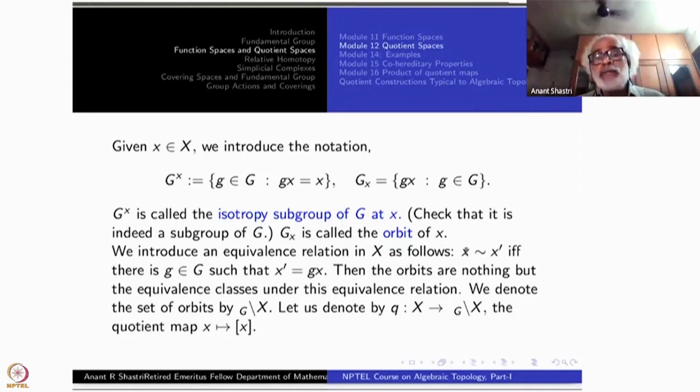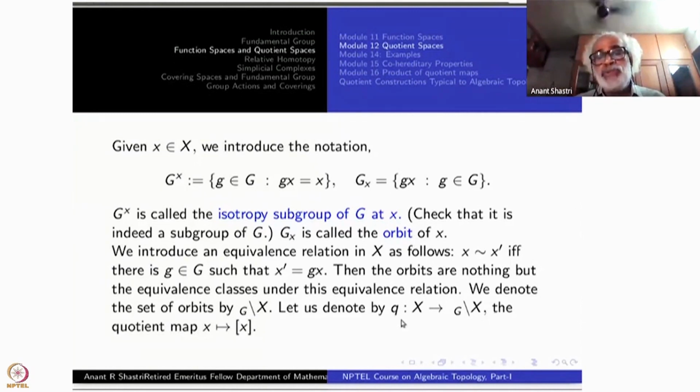When you have an equivalence relation, that just means that two elements are in the same class, same orbit. If you look at all the orbits as a space Y, then you have a surjective mapping from X to that Y. Here I am writing Y as X slash G on the left, because it's a left action. If it's a right action, I would write it X slash G on the other side.